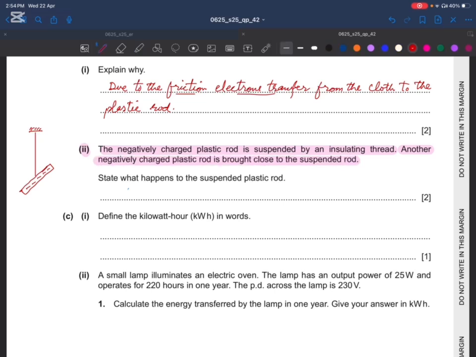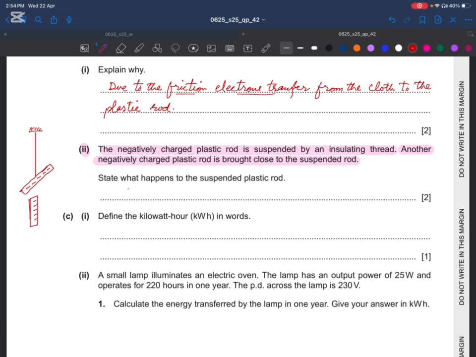So you are bringing another negatively charged rod close to the first one, and now you know what will happen. The simple thing is that like charges repel each other. State what happens to this suspended plastic rod.